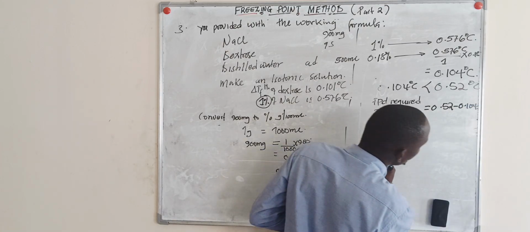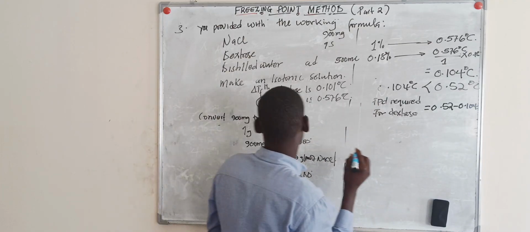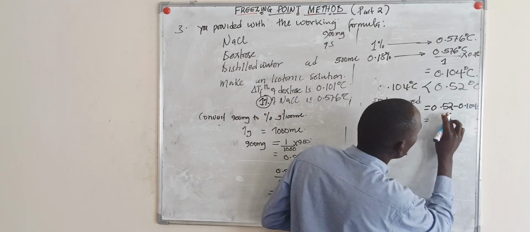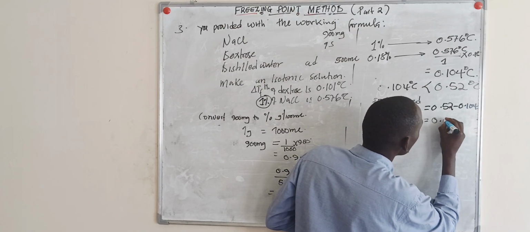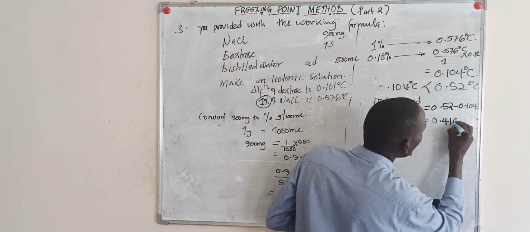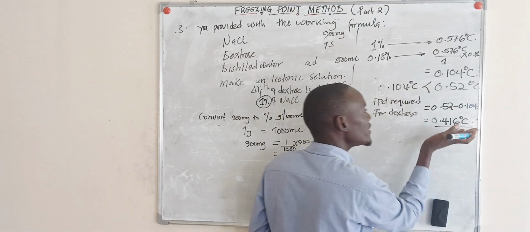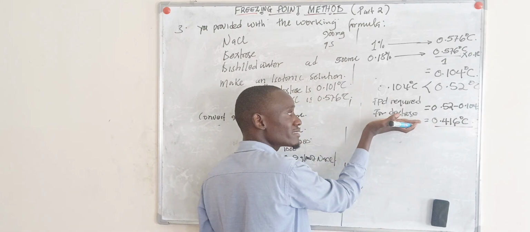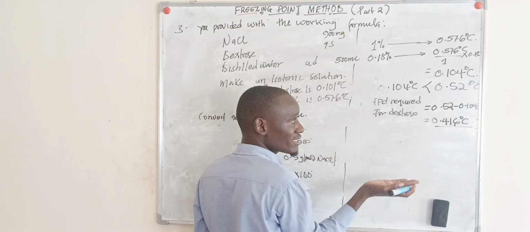When we compute this, we shall have 0.416 degrees C. So this is the freezing point depression, the remainder that should be provided with the adjusting substance, which in this case is dextrose.